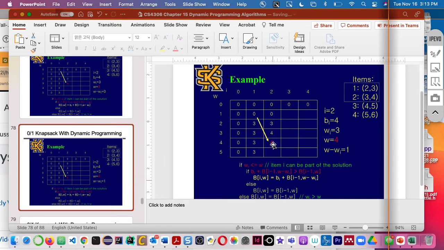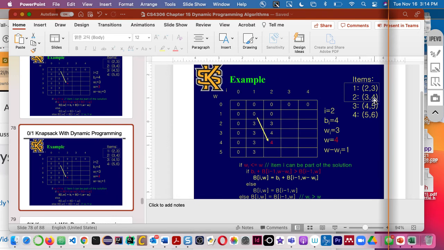Now the next values, whenever you are given to select items 1 and 2, the total weight will be 2 plus 3, right? 5 units. And the total benefit will be 3 plus 4.